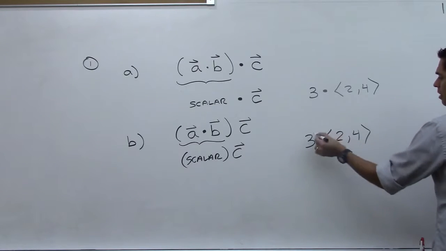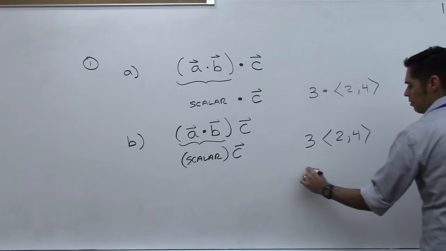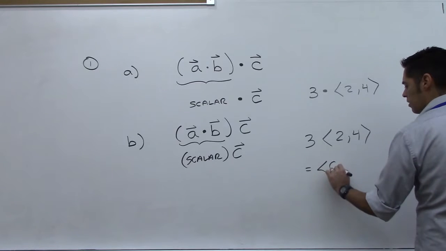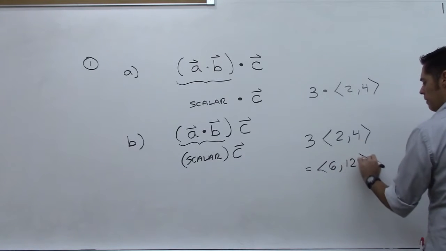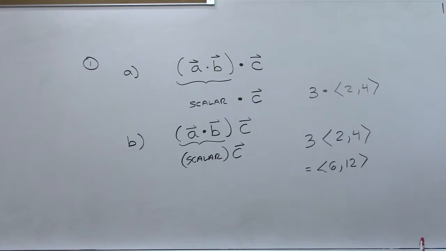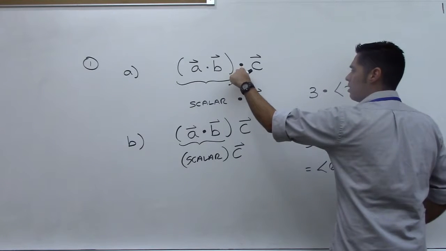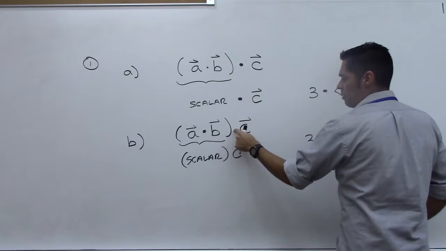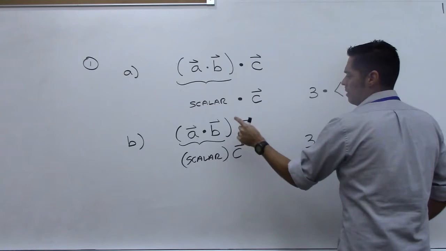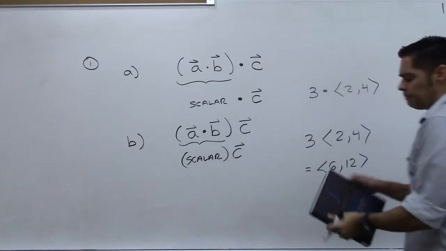That we can do. We just distribute that 3 through and we get the vector 6, 12. So very important to understand the difference between these 2 problems, A and B, is the dot product here versus scalar multiplication, which is implied because there's not a dot there.